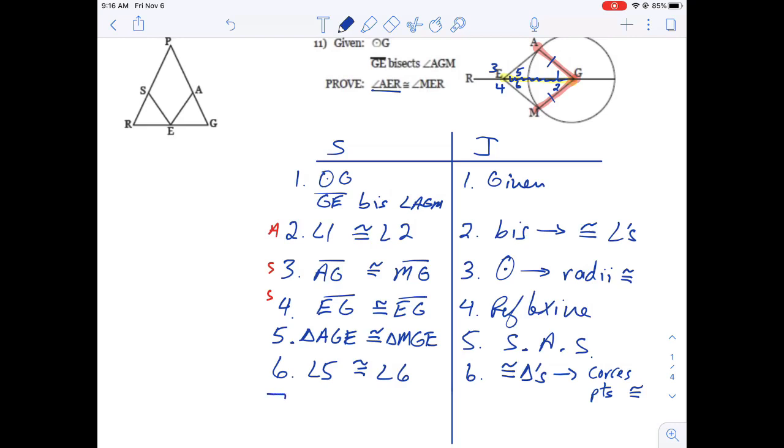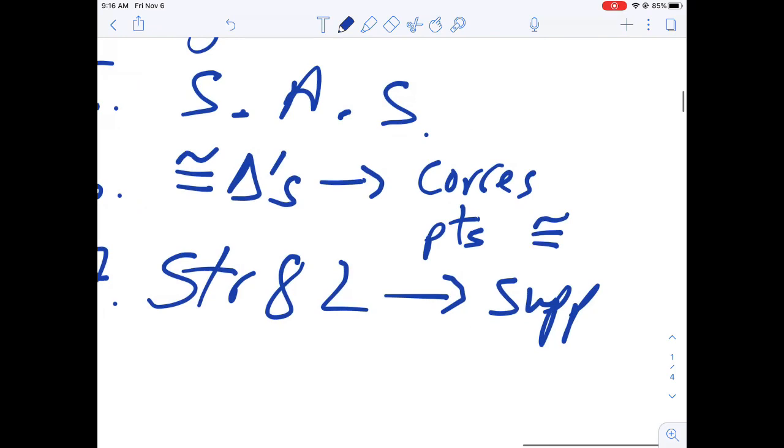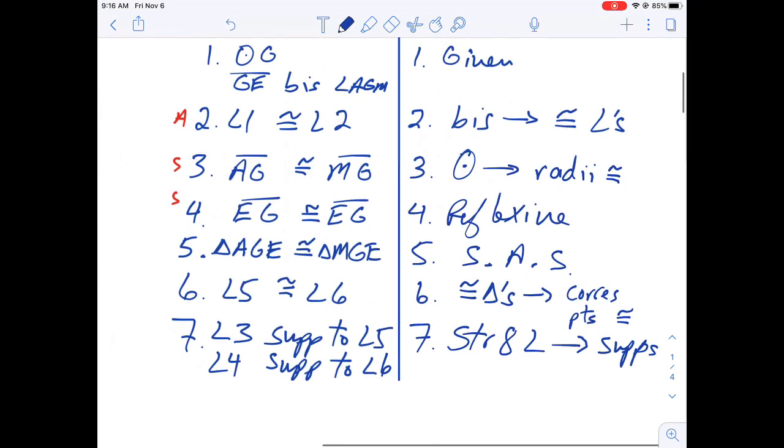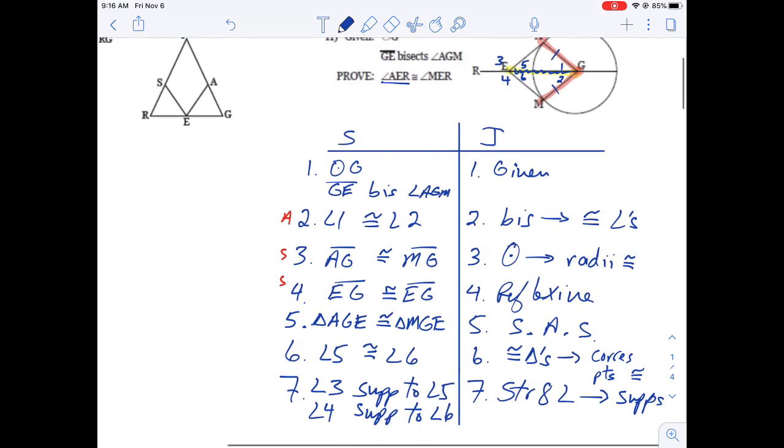So we need a step that says that angle 3 is supplementary to angle 5, and that angle 4 is supplementary to angle 6 in my diagram. And this is because we're looking at a straight angle on the diagram, and a straight angle implies supplements. So a straight angle implies a pair of supplementary angles. So 3 and 5 are supplementary, 4 and 6 are supplementary.